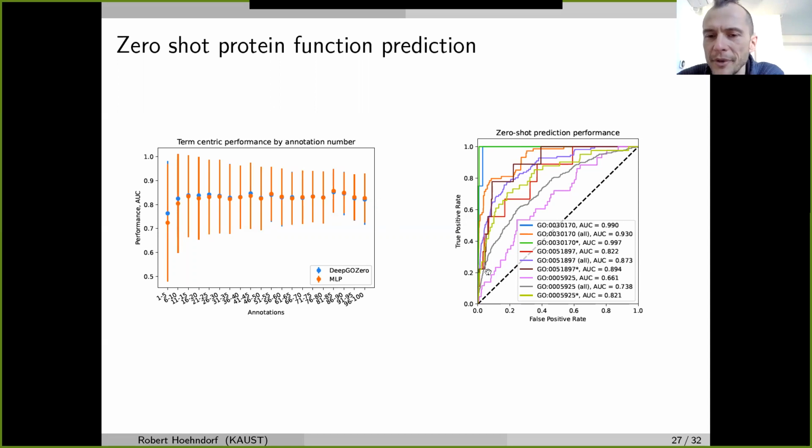You see that for some of the classes it doesn't work very well. For some of the classes it works almost perfectly, and it depends on the number and the type of axioms that are used to constrain the class. So if it has a lot of information, in particular if it has an equivalence class axiom, it can very accurately predict zero shot, and otherwise it is more difficult to do the zero-shot prediction.